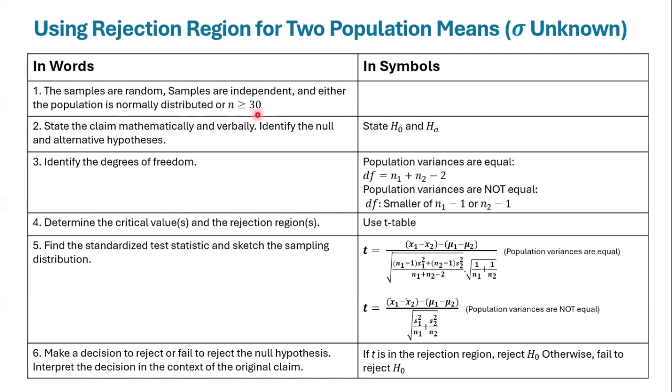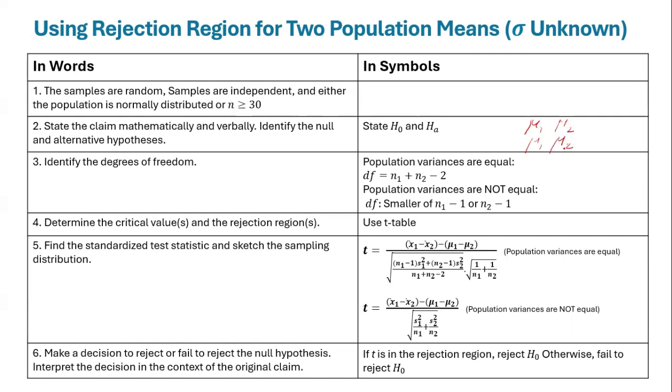After checking the requirements, we need to state the claim and write the null and alternative hypotheses. And remember, this time, since we have two populations, when we are writing the null and alternative hypotheses, we will have two mu, mu 1 and mu 2.